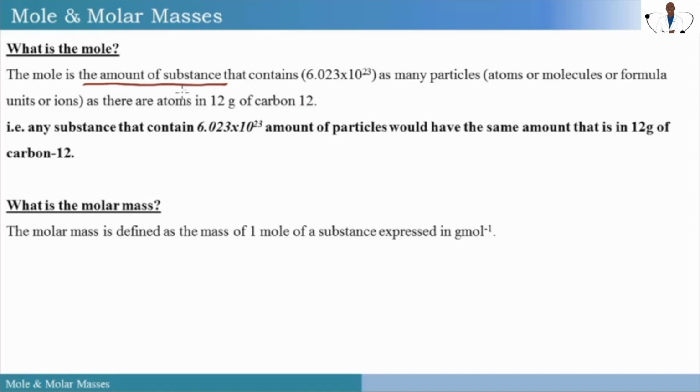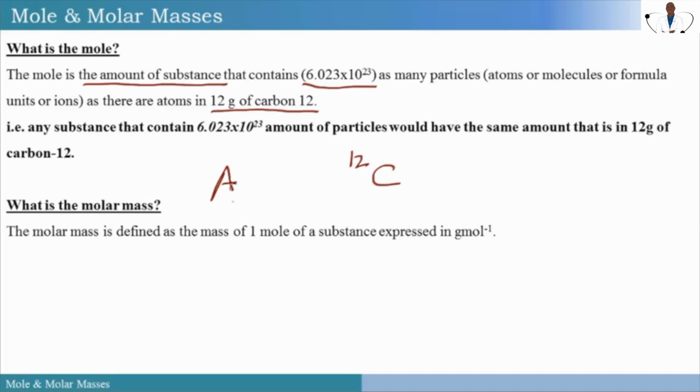What are the important terms here? The amount of substance, in another element or molecule or ion and so on, that contains the same number of particles that is in 12 grams of carbon-12. So all we're doing here is comparing a substance A with the carbon-12 isotope.